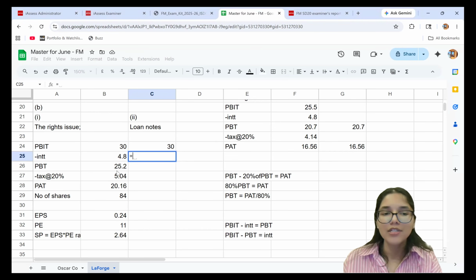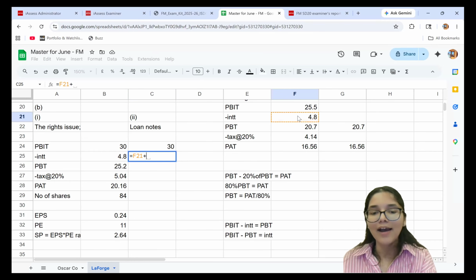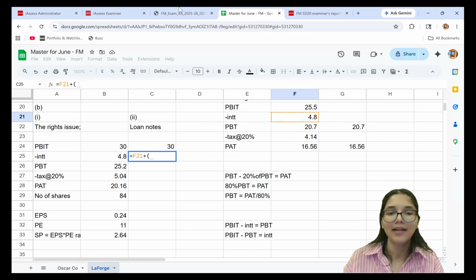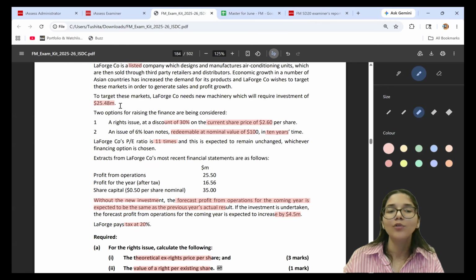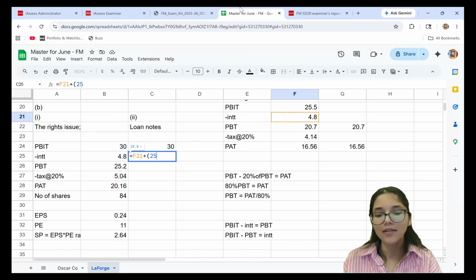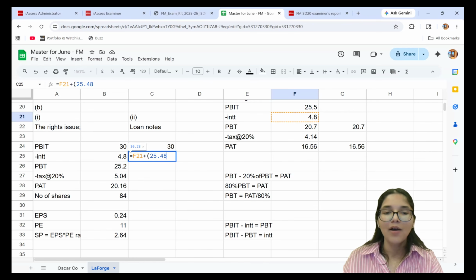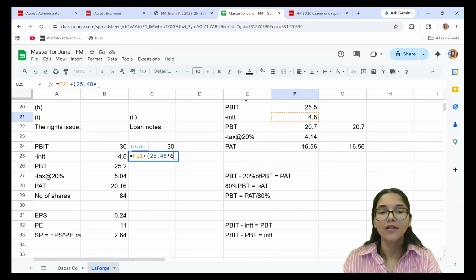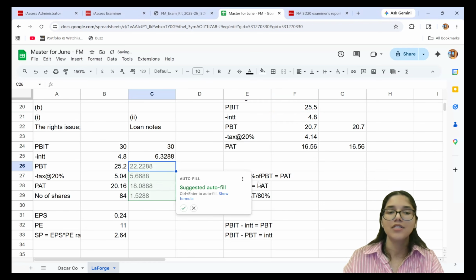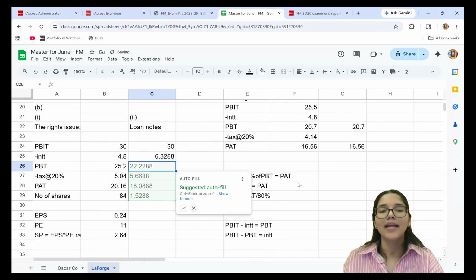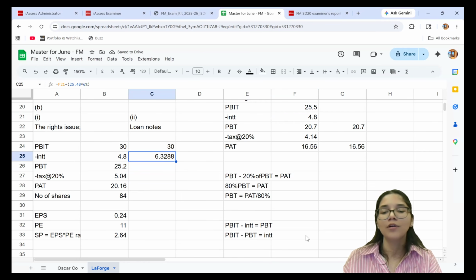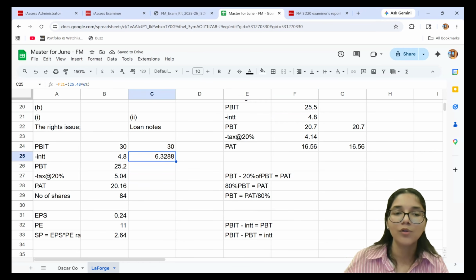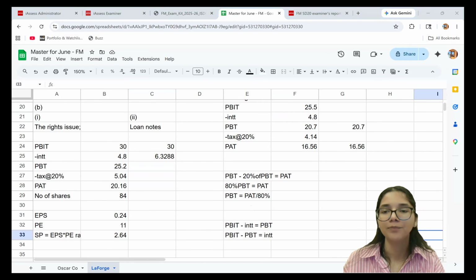I raised an amount worth 25.48, and on this amount I will also end up paying 6% interest. So on this figure, 6% is the amount of interest that I will pay. That means my total interest as a company as a whole is now going to total to this particular figure.